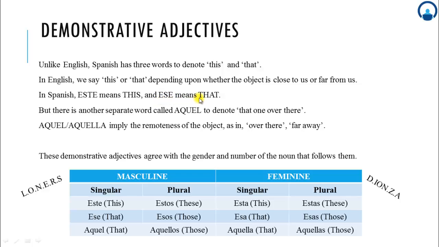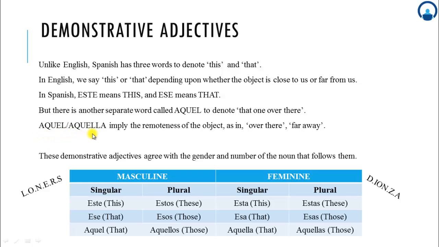But as I said, we have got 3 words to denote this and that. So we have got another separate word called aquel to denote that one over there. Ese means that which is a bit far from us, and aquel means that one over there which is more far away from us.